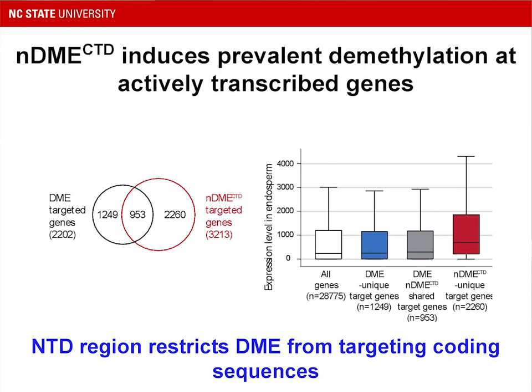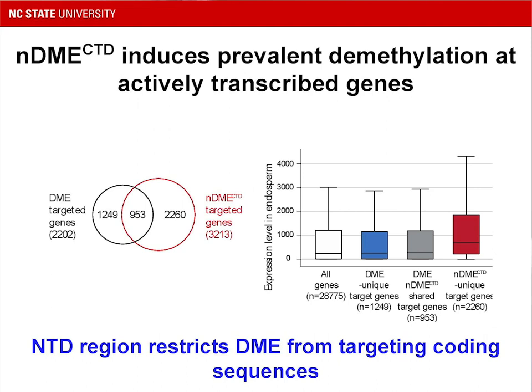If we look at all the coding genes, some are demethylated by the endogenous protein, and a lot of them are ectopically demethylated by the C-terminal region. Coding gene methylation tends to be on genes under active transcription.